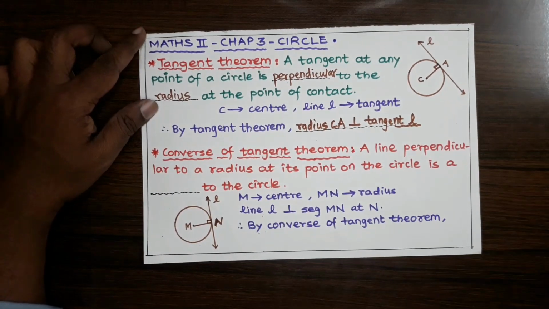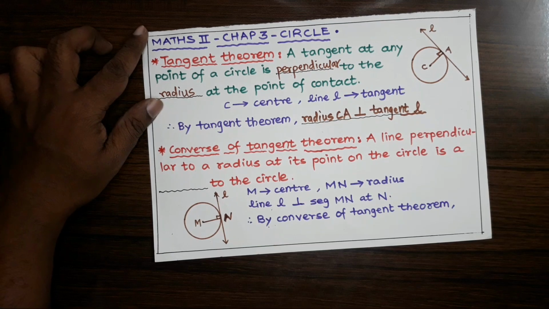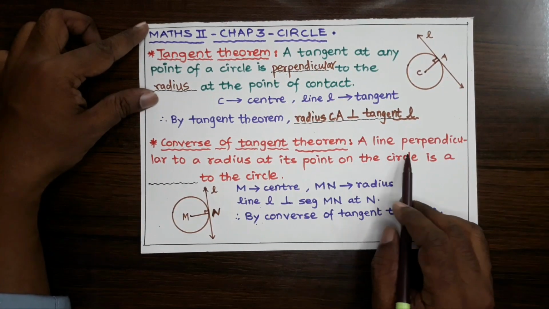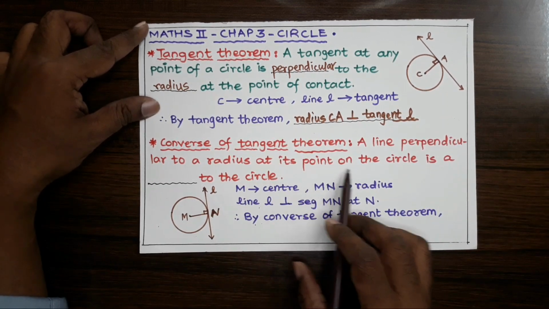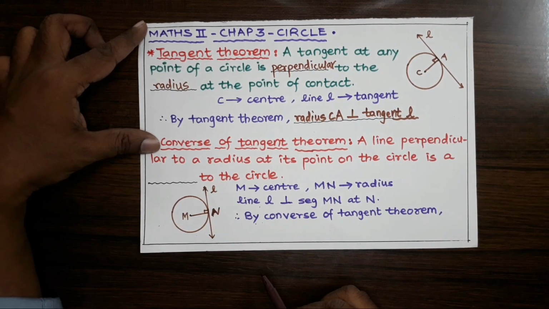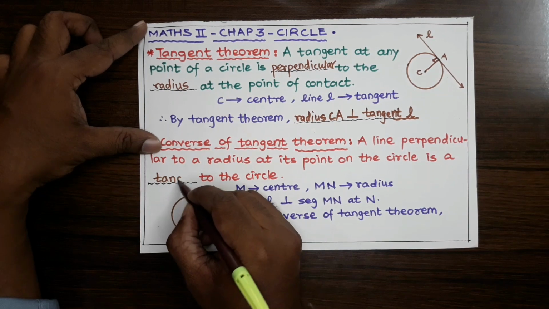Now let's move to the next theorem, and that is the converse of the tangent theorem. This theorem states that a line perpendicular to a radius at its point on the circle is tangent to the circle.